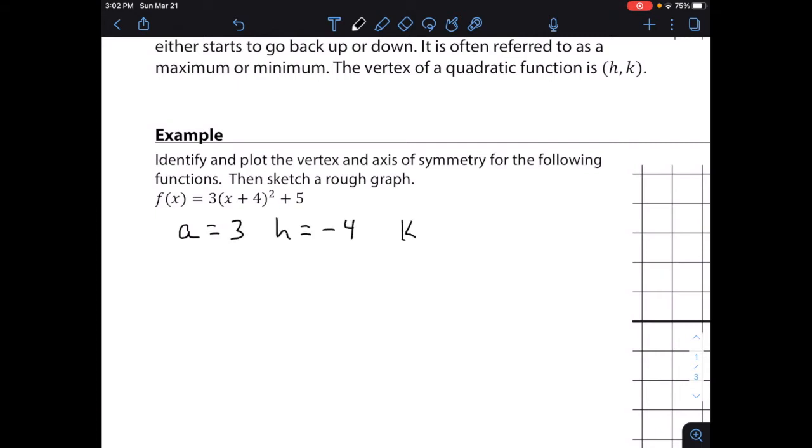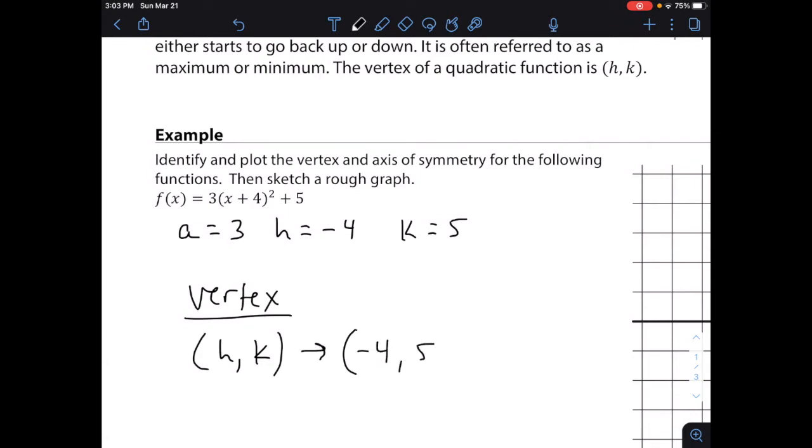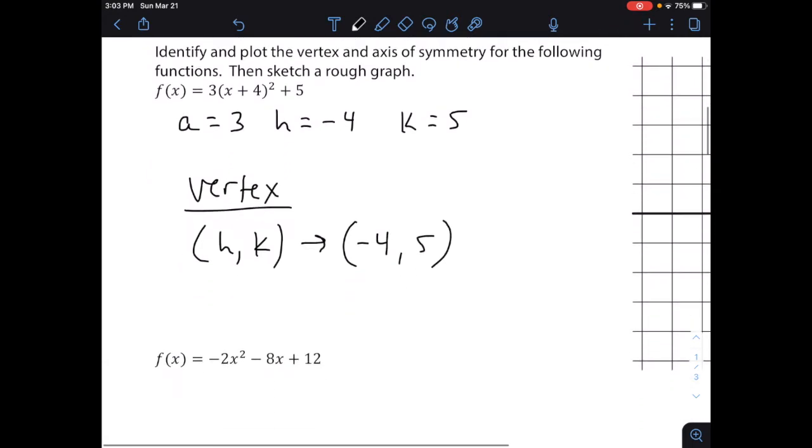And k is 5. Okay, so that makes our vertex hk. So hk is -4 and 5. And our axis of symmetry, I'm going to write it over here, axis of symmetry is just the x value of our vertex, or x equals -4.